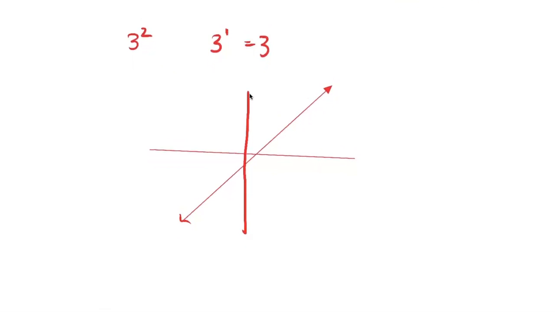So let me give you some examples of what a linear equation looks like. That's an example of a linear equation. Remember, as I said before, these are numbers, and then this is a variable.